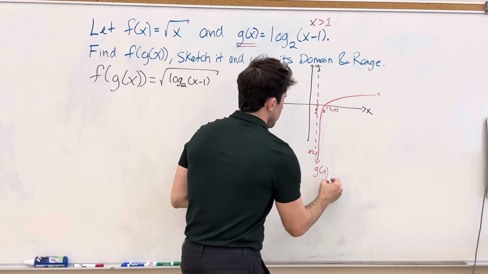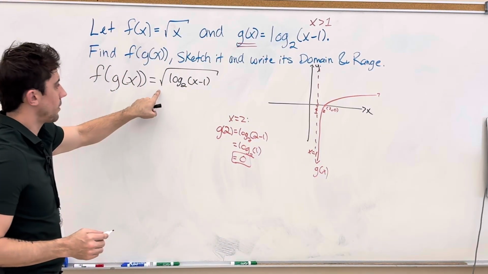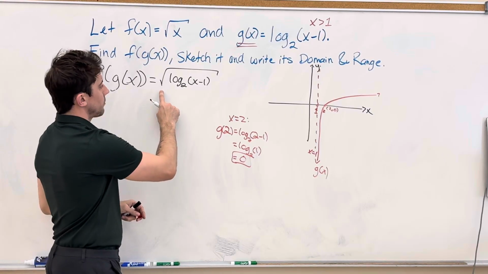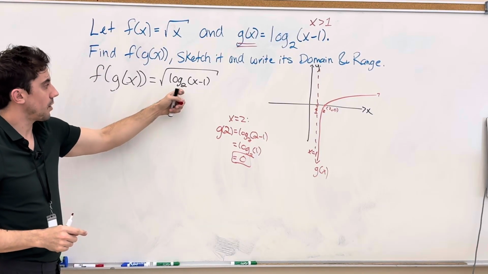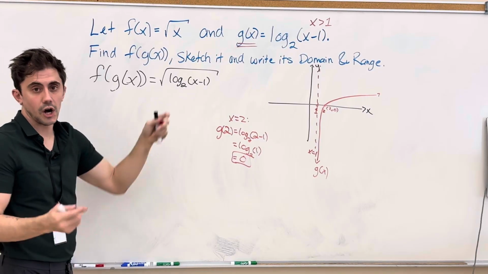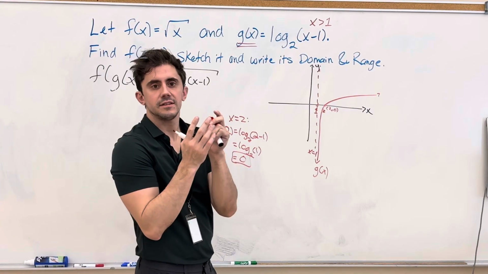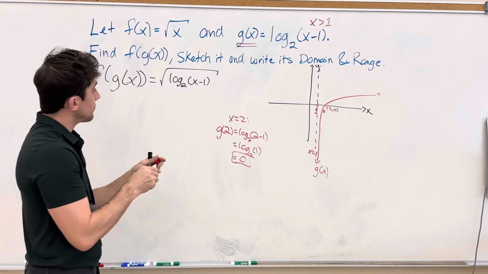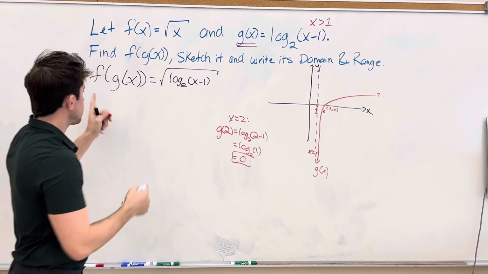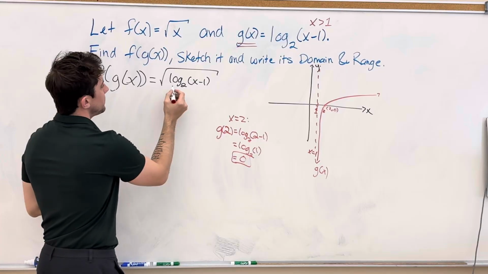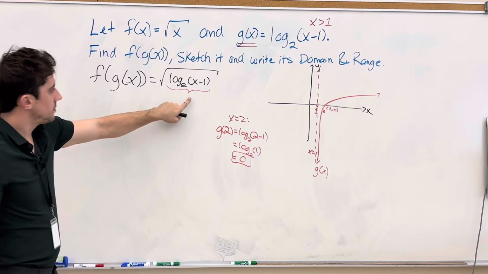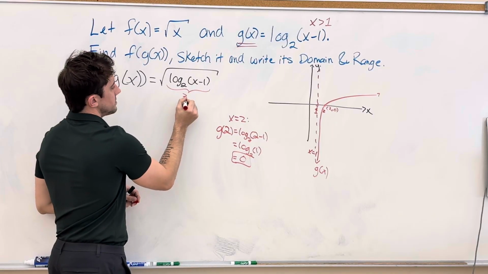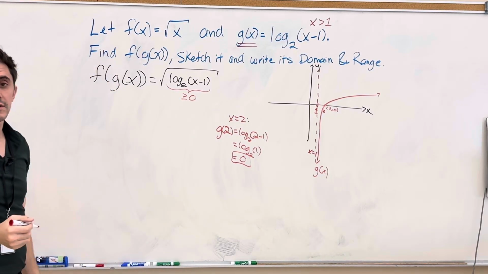Okay. Now, what if we put a square root on top of all of that? Well, we know that square roots can only be evaluated when the expression underneath the square root is not negative, right? i.e., greater or equal to 0, 0 or positive. And so that means that f of g of x, this composite function, is only going to be defined when the stuff underneath the square root, the log base 2 of x minus 1, g of x, is greater or equal to 0, right?